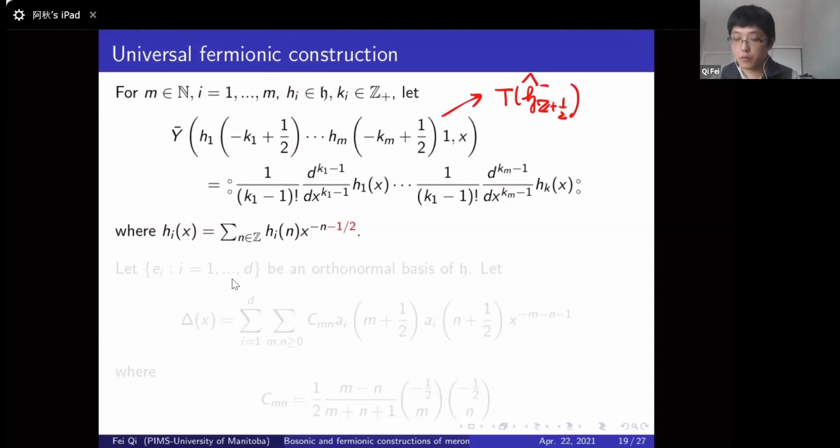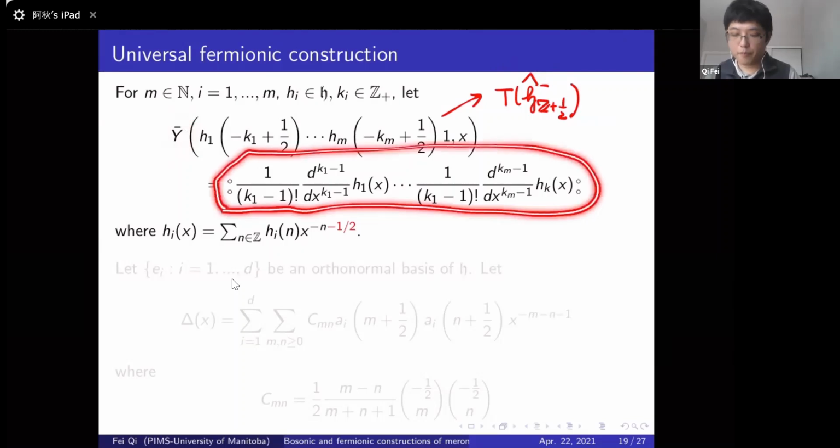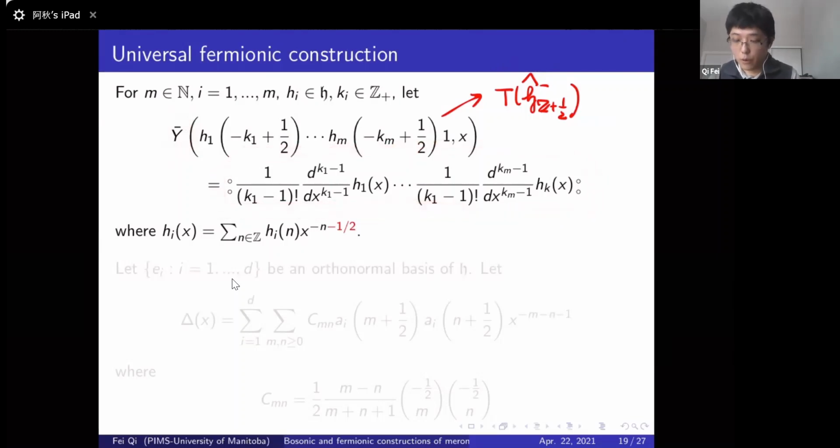For elements in the superalgebra we discussed before, we will assign the naive vertex operator with this form. It's the same type of formula, but the difference now is the following. The hi of x is the generating function of hi of n, but the powers are not going to be integral anymore. So there will be 1/2 powers involved in the procedure. Okay, so this is the definition of the naive vertex operator.